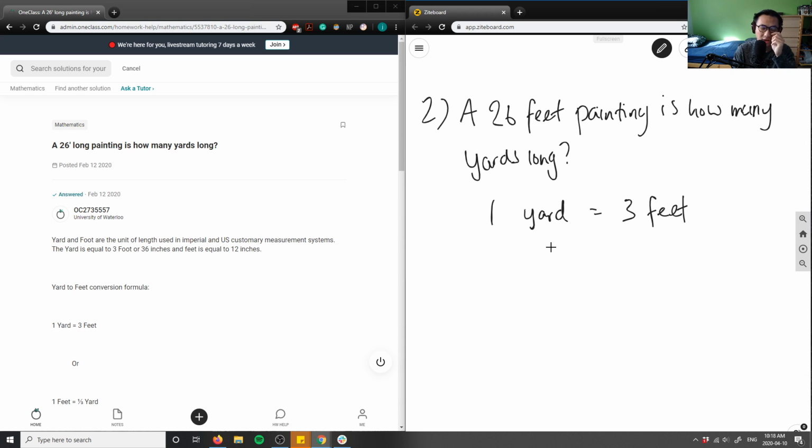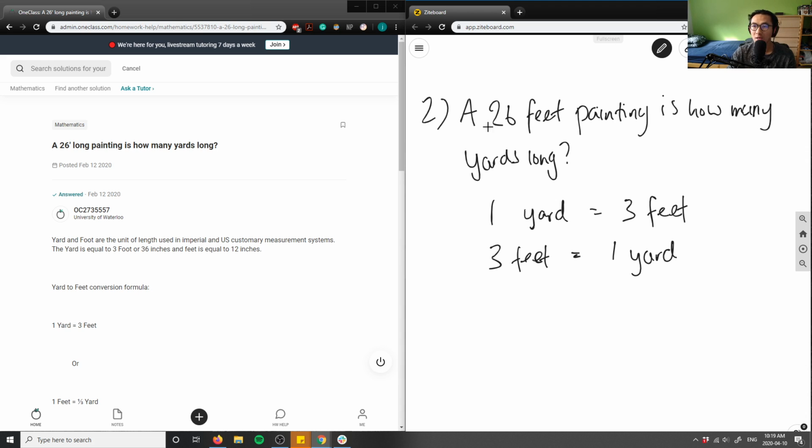So again, how would I solve for this problem? 1 yard equals 3 feet, or I can say 3 feet equals 1 yard, depending on how you look at the problem. Take a moment to think about this problem. How would I convert from feet to yards? So from feet to yards is what I'm doing here. So a 26 foot painting.